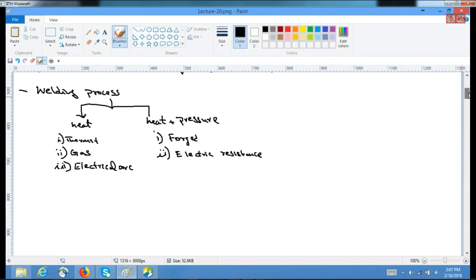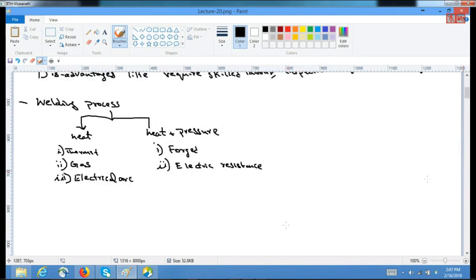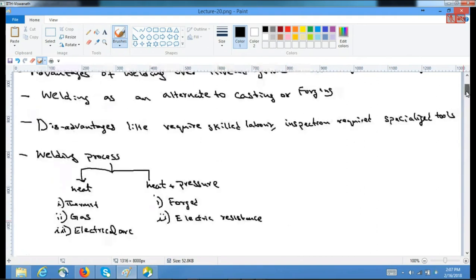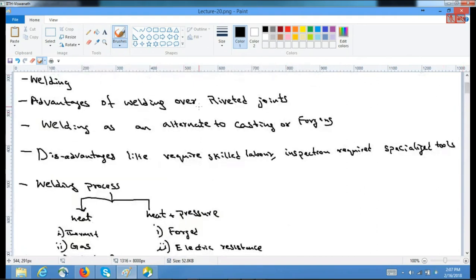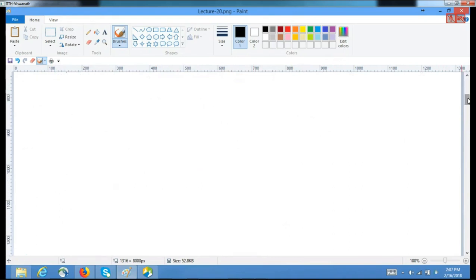After that, we started looking at the joints. Mostly in this chapter we'll focus on the aspects of the weld as a joint rather than the casting or forging process. We looked at different types of joints. The first one is butt welding, and the second one is fillet welding, or butt joint and fillet joint.